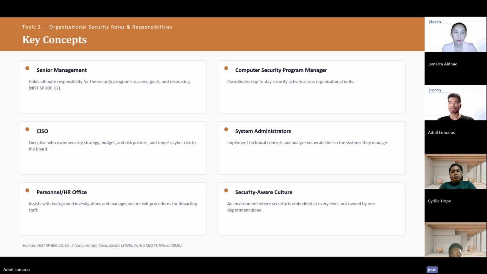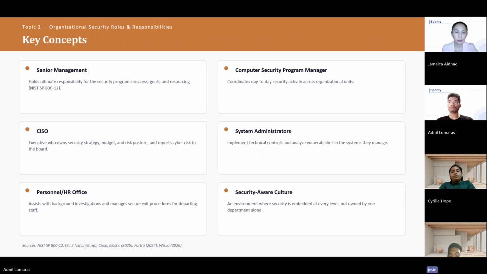So in NIST's view, SP 800-12 states that ultimate responsibility for an organization's security program rests with senior management, who set goals, priorities, and resources, and who are expected to model good security behavior for the rest of the organization.